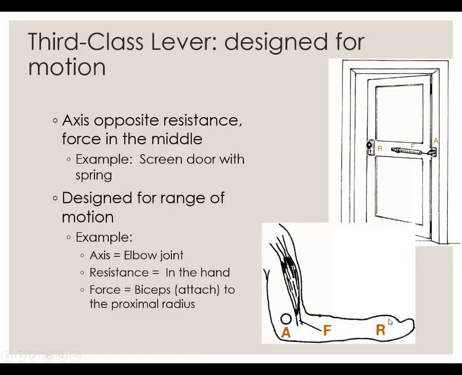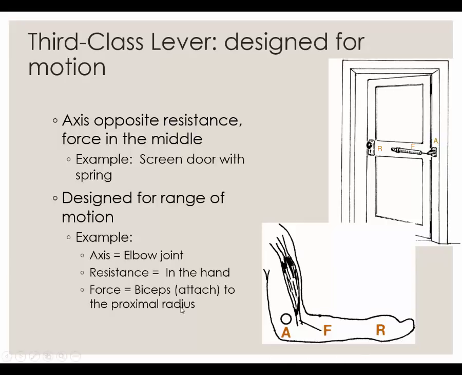If you were to, let's say, hold a weight in that hand, you could do that, but in this case, the hand is just fine as the resistance. The force would be the biceps muscle, which attaches to the proximal radius. In this case, because it's designed for motion, what we are trying to accomplish is a range here, okay, or a movement. So third class lever is designed for movement.